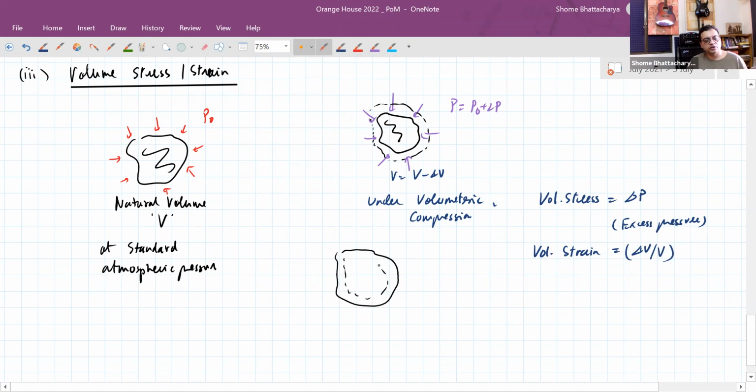Such a body can also experience expansion, its volume could expand to V plus delta V because of a decrease in external pressure.